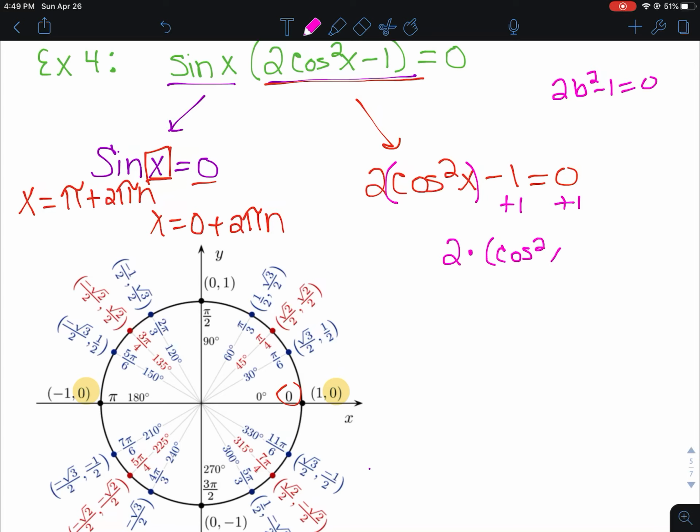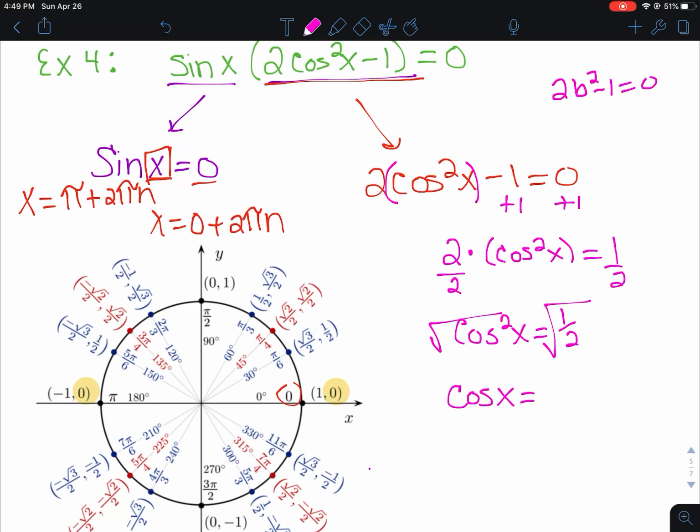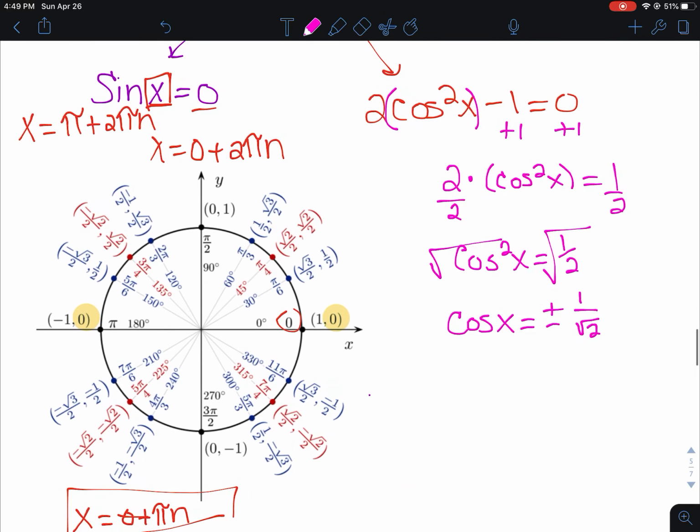So 2 times cosine squared x equals 1. Divide by 2. Cosine squared x equals 1/2. And then isolate the function by taking the square root. So the cosine of x is equal to plus or minus, well, the square root of 1 is 1, and the square root of 2 is 2.